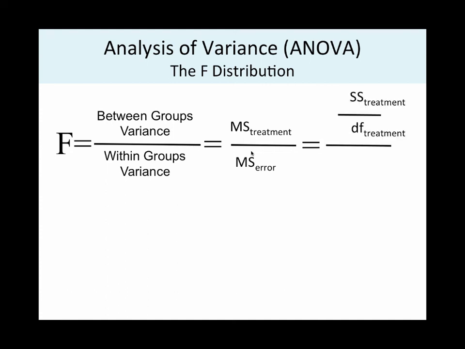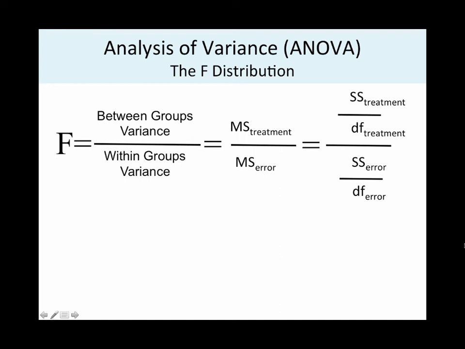The numerator will be the sums of squares of the treatment, and again the treatment refers to the differences between the groups, divided by degrees of freedom associated with the treatment. And the denominator will be the sums of square related to the error divided by the degrees of freedom associated with the error.